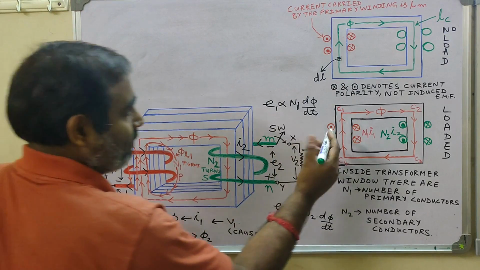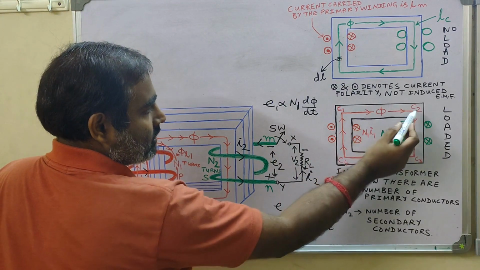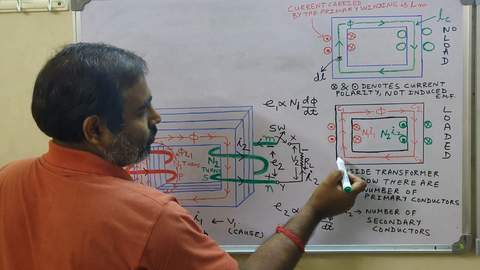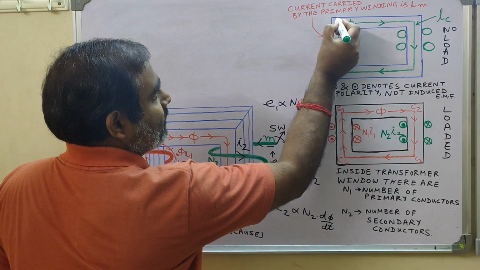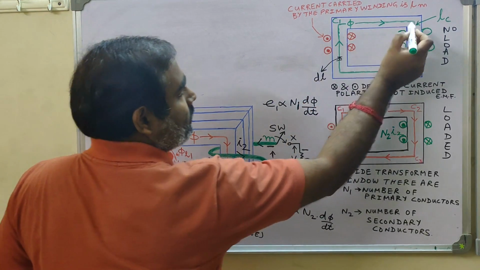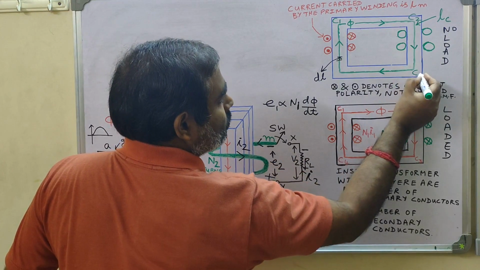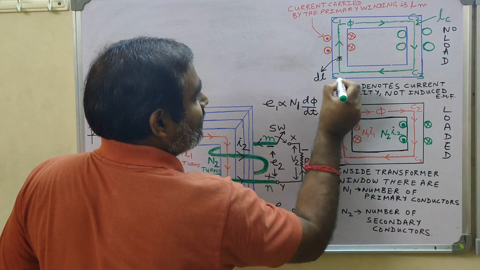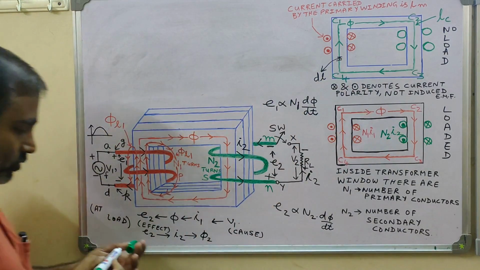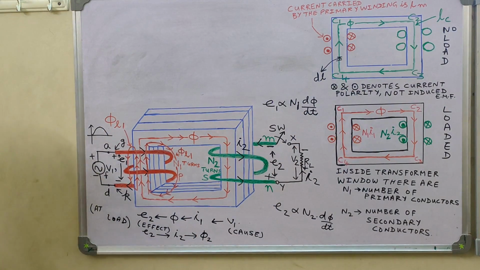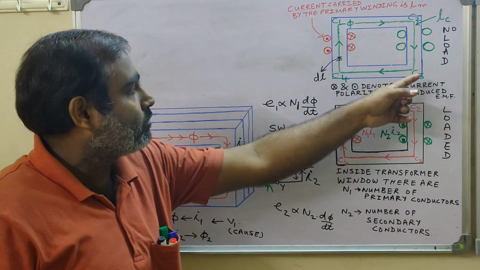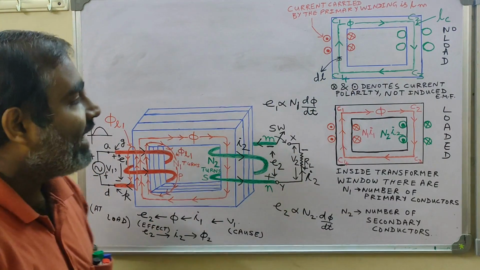You see here I have named the closed path as C1, C2, C3, C4. So let me follow the same symbol here. C1, then this is C2, C3 and C4.